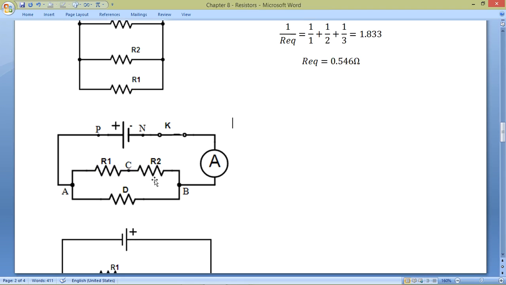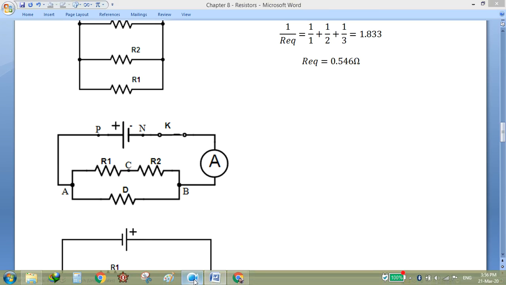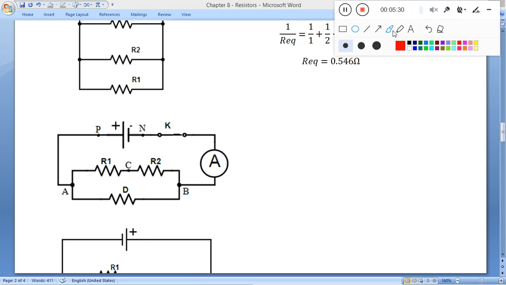Now, in the third application, we have a problem here. The three resistors are neither in series nor in parallel. So what can we do? We can at first work with two resistors. These two resistors, R1 and R2, we can calculate their equivalent resistance. They are connected in series, it's clear.